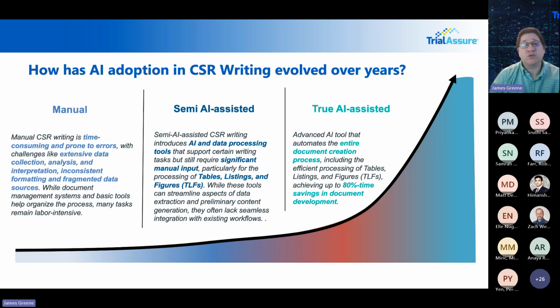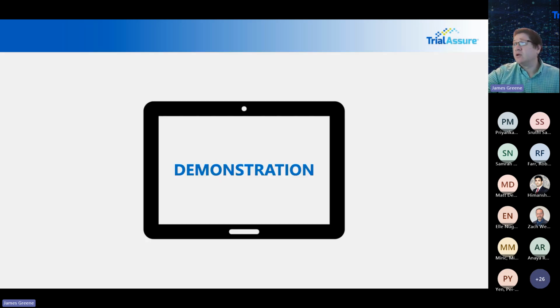But now we're moving towards this true AI-assisted model. And this is where you can actually get up to 80% of the time saving through the entire document creation process. And that's what I'm excited to show you today. So I'm going to pass you back over to Zach, and he's going to walk you through where Link AI is in helping clients with CSR generation from tables, listings, and figures.